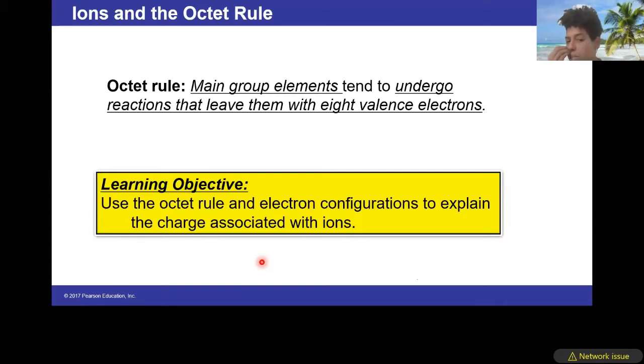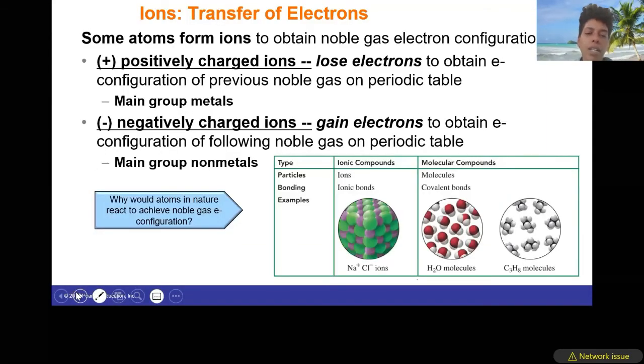The octet rule helps us to explain how the charge is associated with ions. The octet rule says that atoms are going to either lose, gain, or share electrons to become like a noble gas.